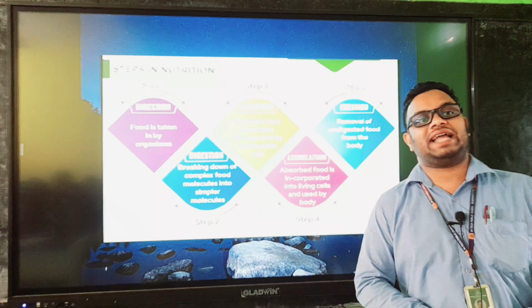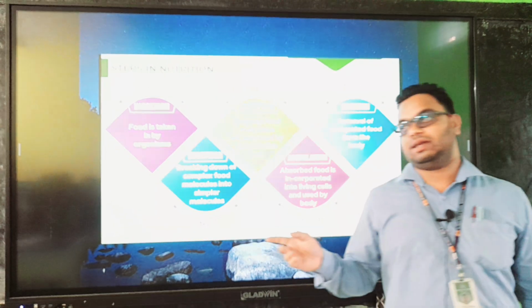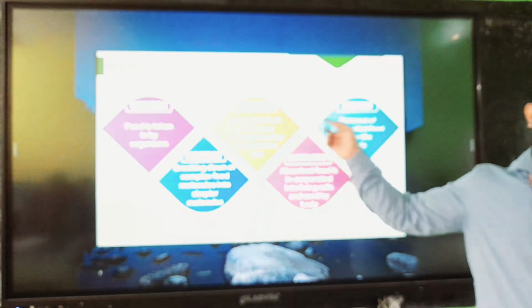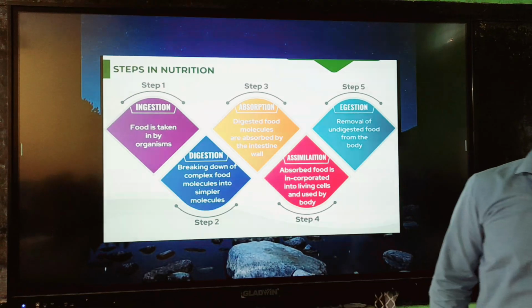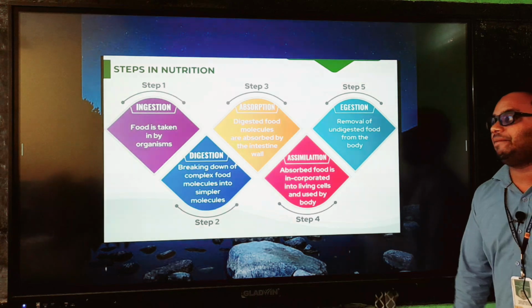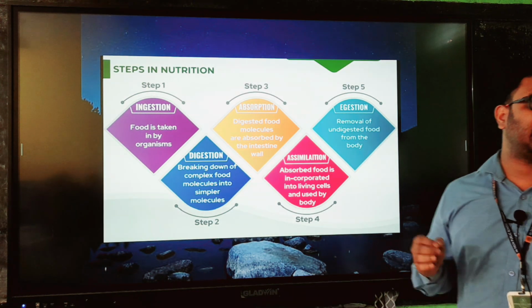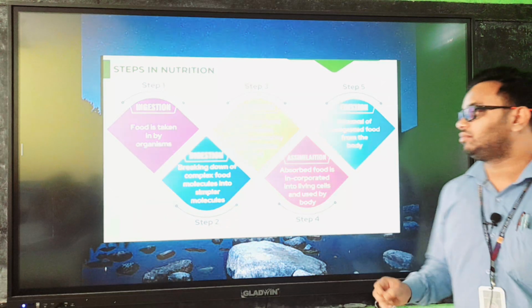In the small intestine, there are finger-like projections called villi. Villi absorb all the nutrients. Digested food molecules are absorbed by the intestine wall. The wall of the intestine has villi.